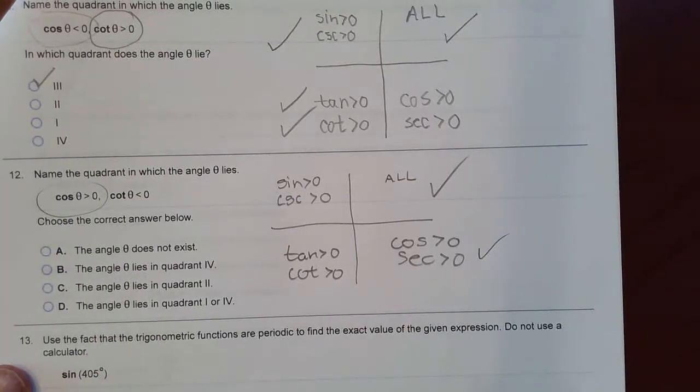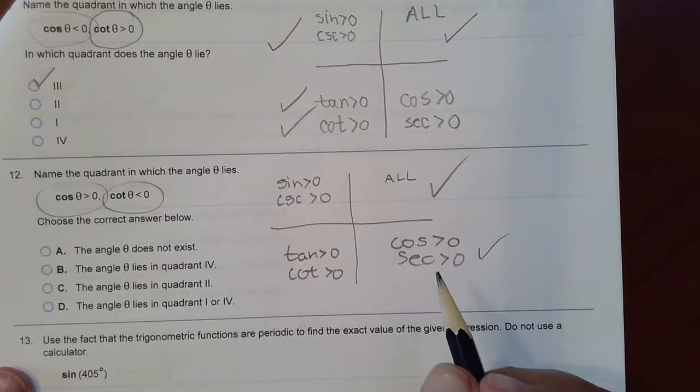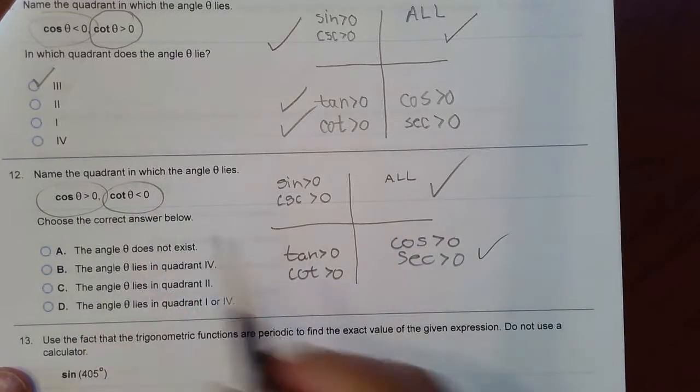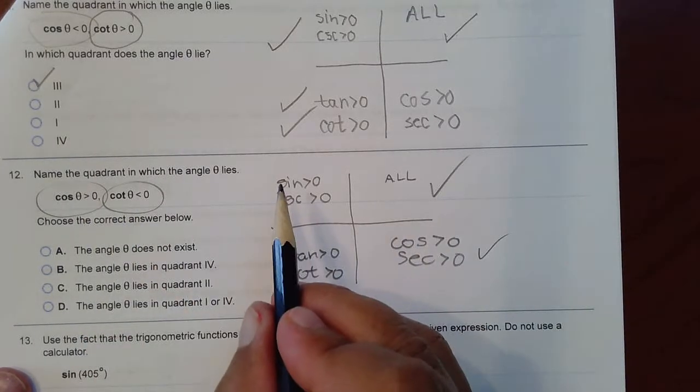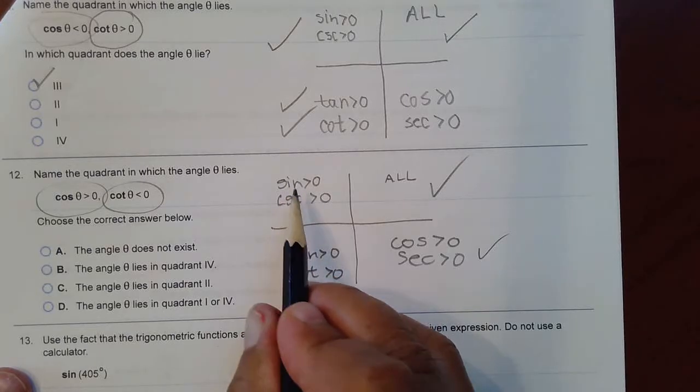The condition always occurs in exactly 2 quadrants, so don't bother questioning yourself or wondering whether it's true anywhere else. Cotangent being negative. Now let's look for that condition. Okay, everything's positive here, so that can't be true. Sine and cosecant are the only positive ones here.